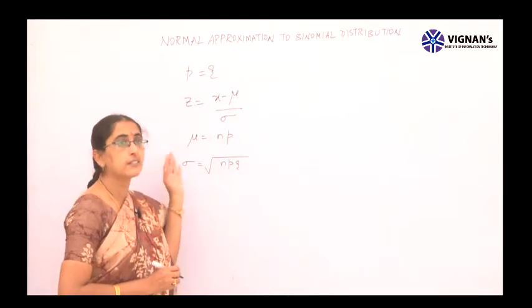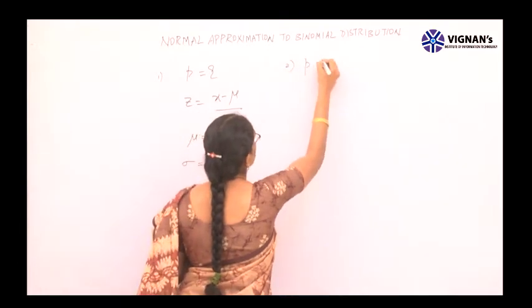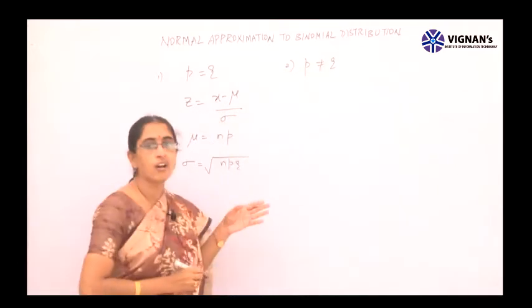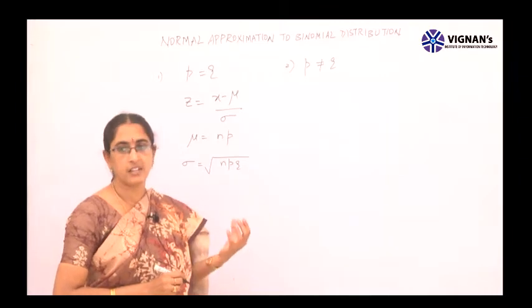But the second case is when the probability of success and probability of failure are not equal, right? Then also we need to find the probability in between random variables.